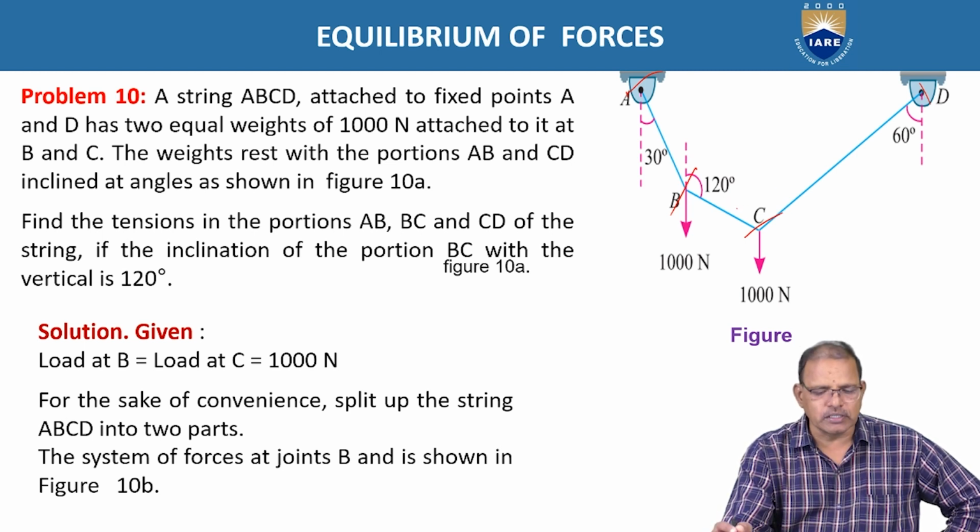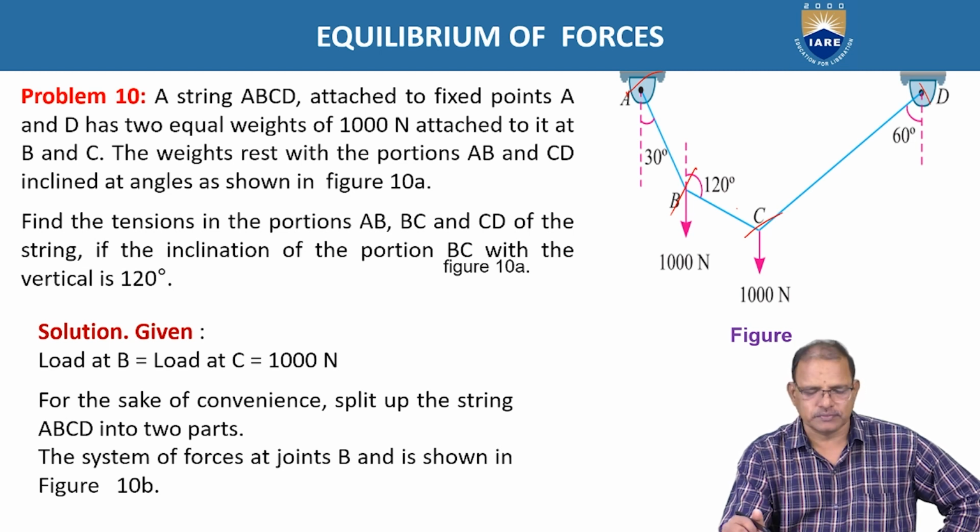The weights rest with the portions AB and CD inclined at angles as shown in the figure. Find the tension in the portions AB, BC and CD of the string if the inclination of the portion BC with the vertical is 120 degrees. According to the given data, the load at B and at C is equal to 1000 newtons.